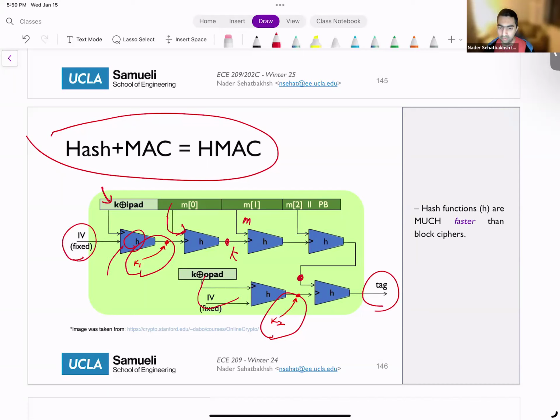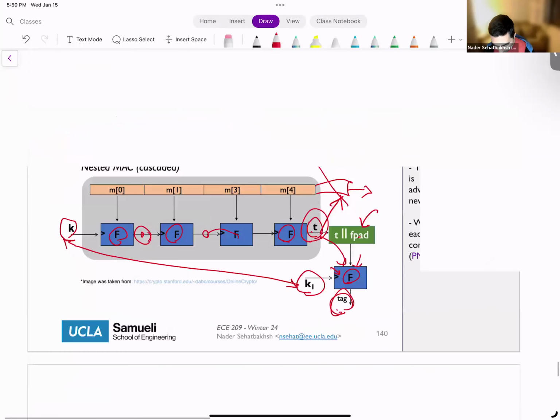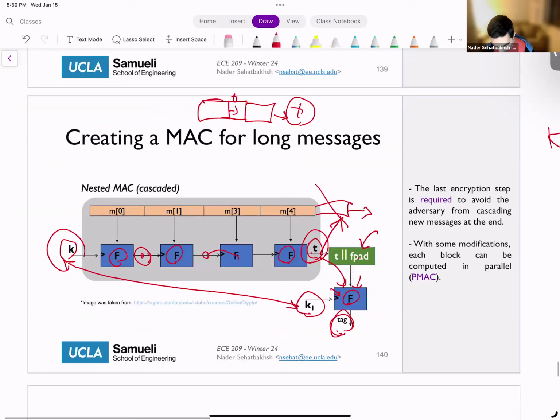Initially, we're going to start with an initialization vector, some random input. And the reason that we want to XOR it with some pad, there are some other reasons for it that you don't need to know. But generally, this is your secret key. You take the secret key, you hash it with the initialization vector, and that's your key one. And to remind you, this is your key one, okay?